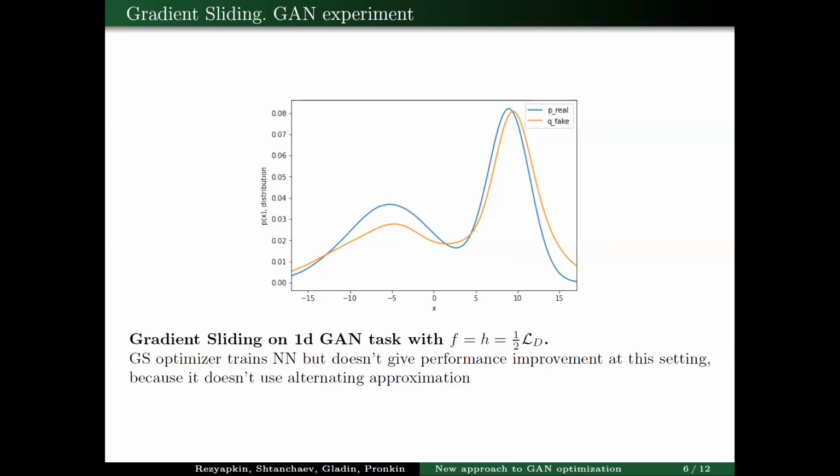If we set f equals h equals half of discriminator loss, then gradient sliding shows convergence and works well. In this setting, we don't use gradient sliding benefits in composite acceleration, but we see that the algorithm has perspective for further research.